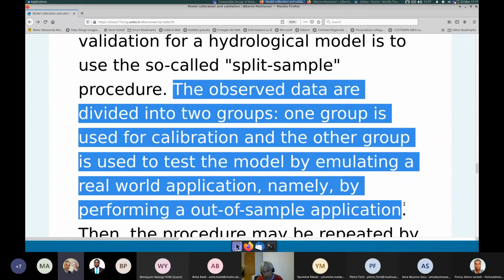Probably the best way forward is 9 years for calibration and 1 year for validation. And in this case, of course, validation is short, but still it is a good example.